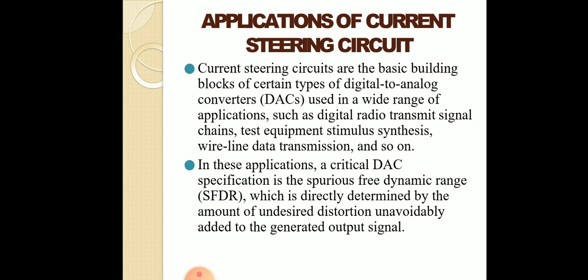In these applications, a critical DAC specification is the spurious free dynamic range, which is directly determined by the amount of undesired distortion unavoidably added to the generated output signal.